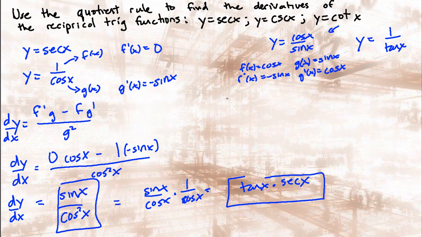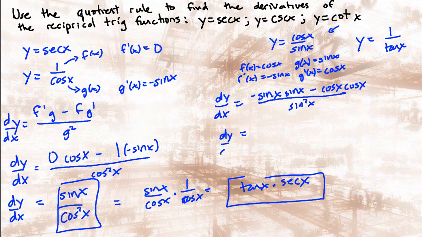So it's going to be very easy to get lost in this, so we'll want to be very careful. So dy dx is going to equal the derivative of the numerator, negative sine x, times the denominator, sine x, minus the numerator, which is cosine x, times the derivative of the denominator, all over the denominator squared.